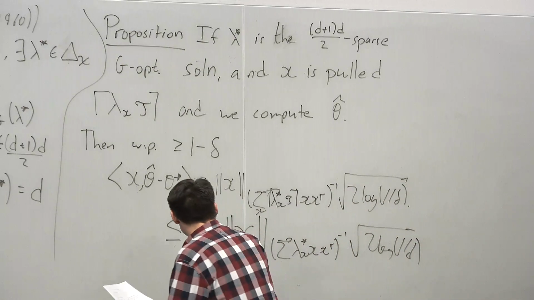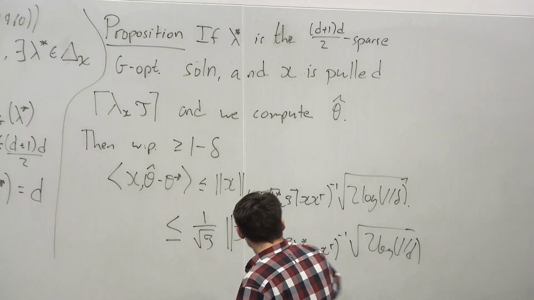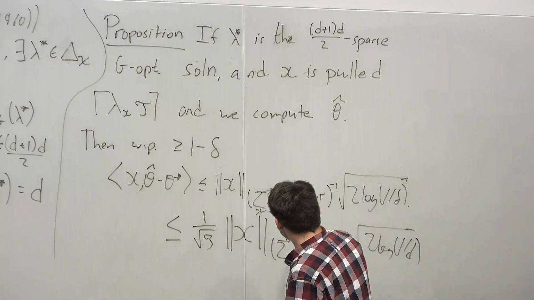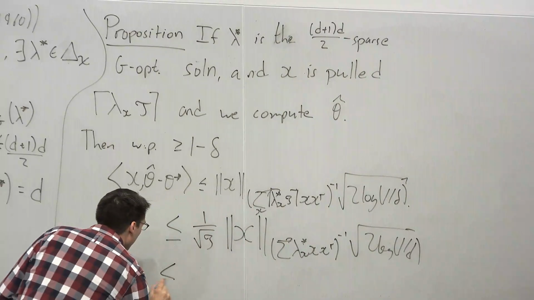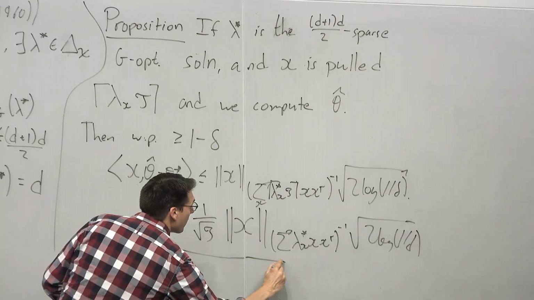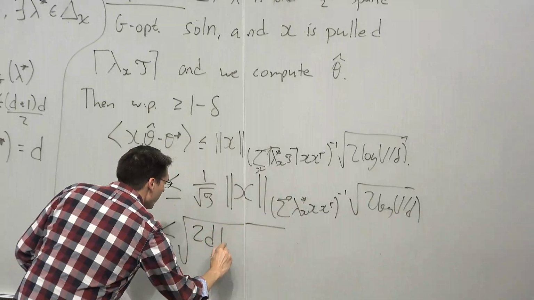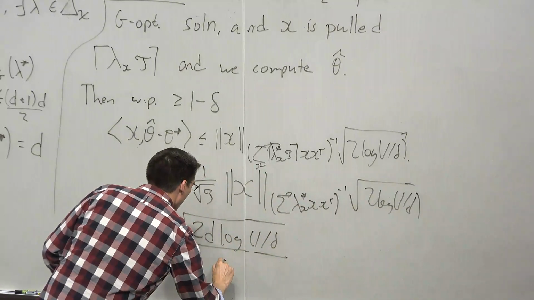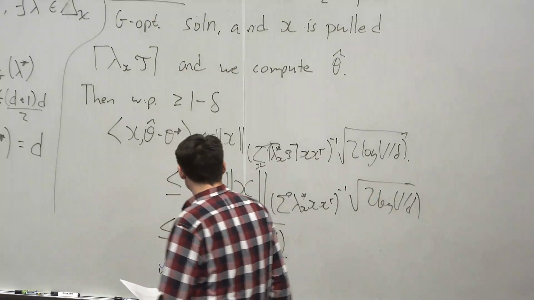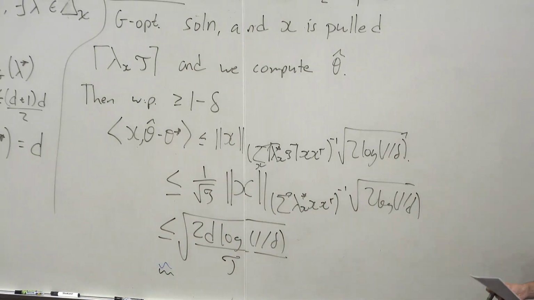And so then what we get, since this thing is less than square root of d, the square root of d comes up here, and we get this whole thing is less than or equal to square root of 2d log 1 over delta over tau. Very remarkable result, I think.